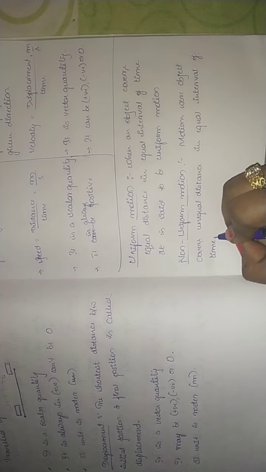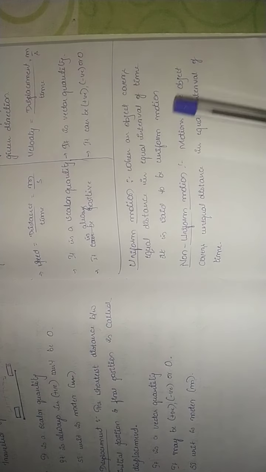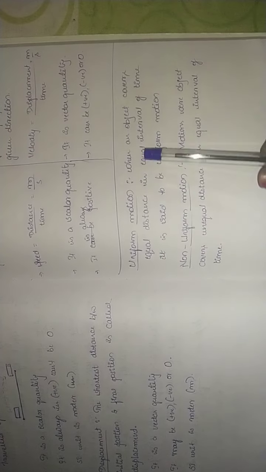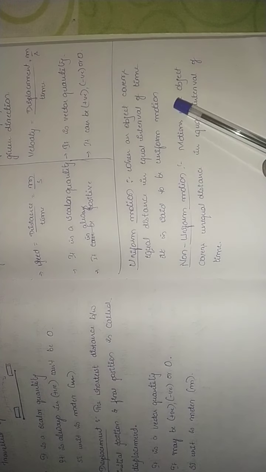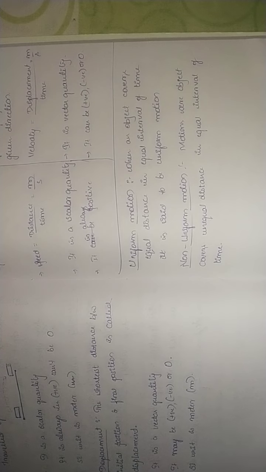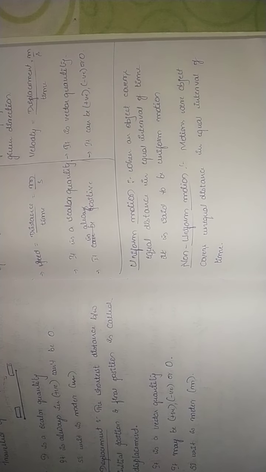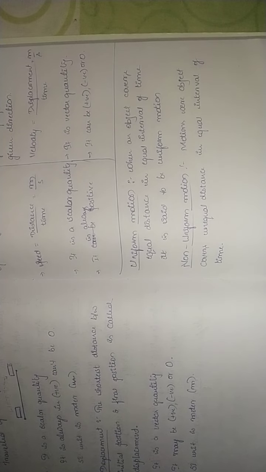That we call non-uniform motion. So when an object covers equal distance in equal interval of time, it is said to be uniform motion. Non-uniform motion is motion where an object covers unequal distance in equal interval of time. That is why we call them uniform motion and non-uniform motion. I hope children you got an idea of what we are dealing with.